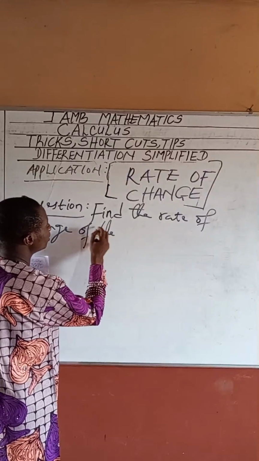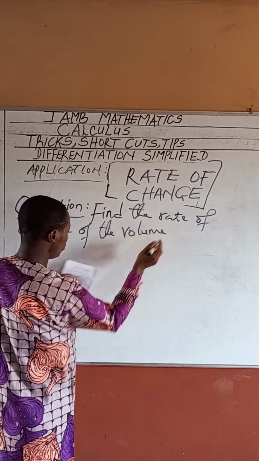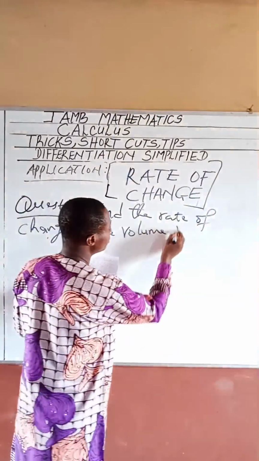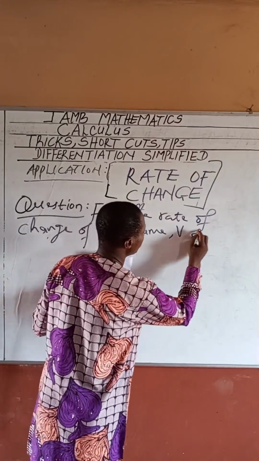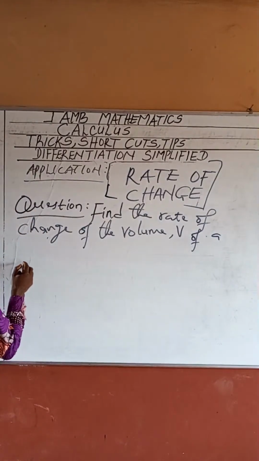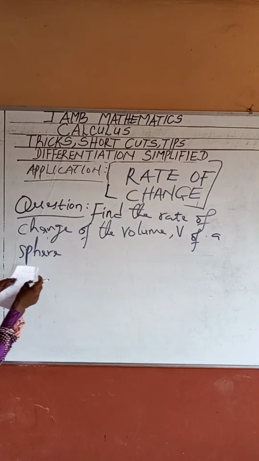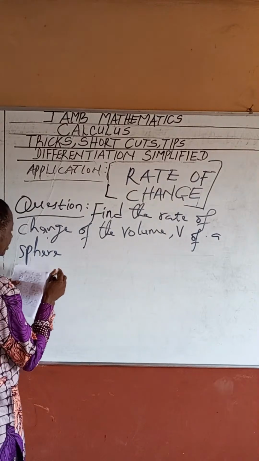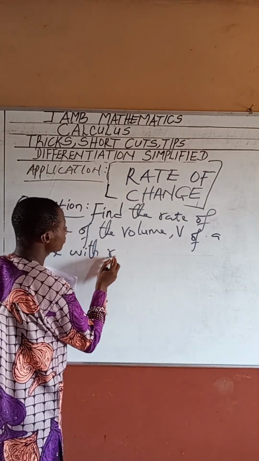Of the volume V of a sphere with respect to its radius. This is direct.